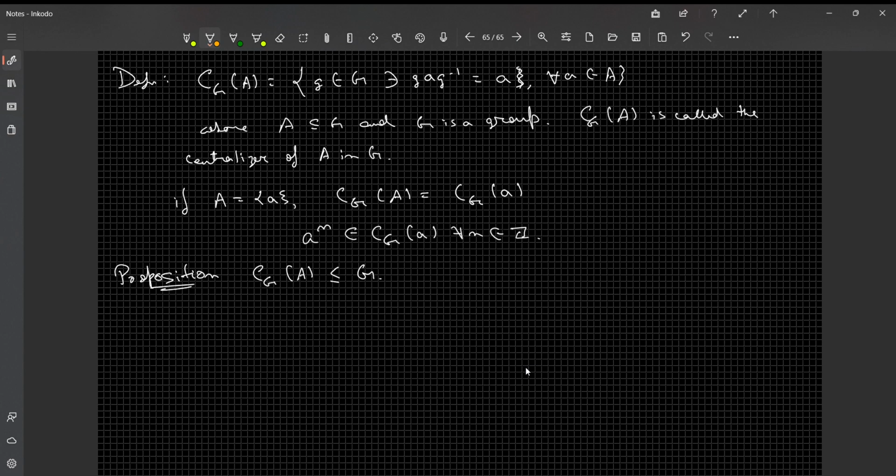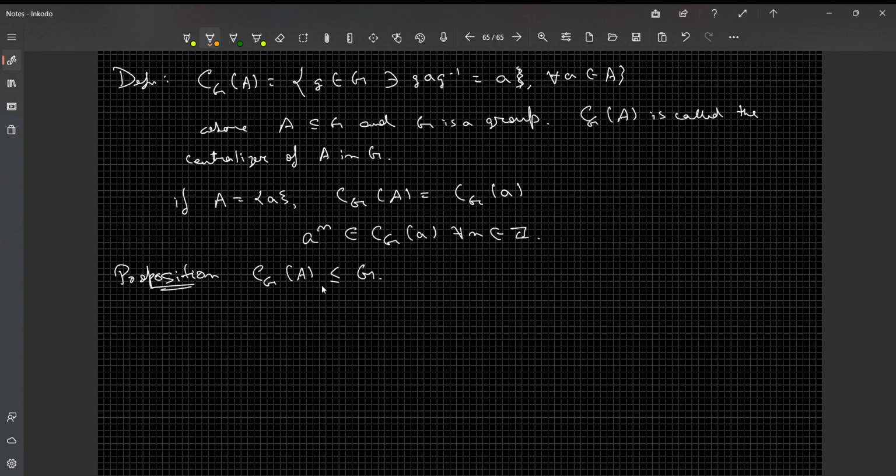Therefore, associativity holds trivially in this, and if G is commutative, then commutativity also holds trivially in this. So what we exactly need to prove is that it's closed under the operation which G consists of, and it is closed in the case of inverses, right?